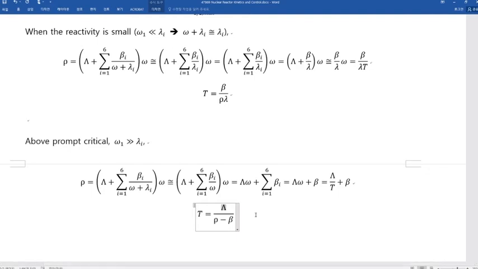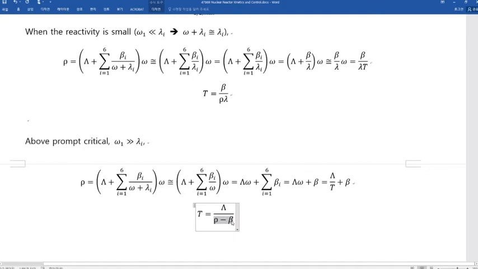All the fission reactions are governed by prompt neutrons. So the reactor period is mainly governed by, or even proportional to, prompt generation time over what is this value? Reactivity minus beta.